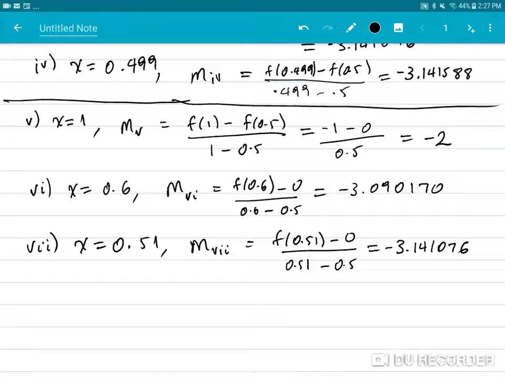So to the left of 0.5 and to the right of 0.5, the function seems to have that symmetry, with a line of symmetry at x equals 0.5.